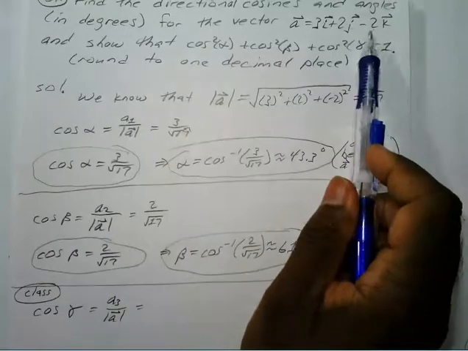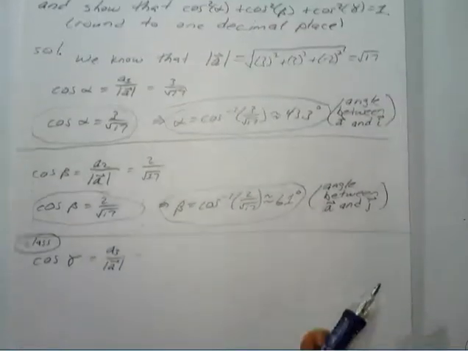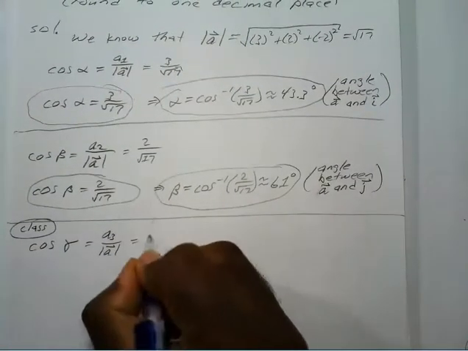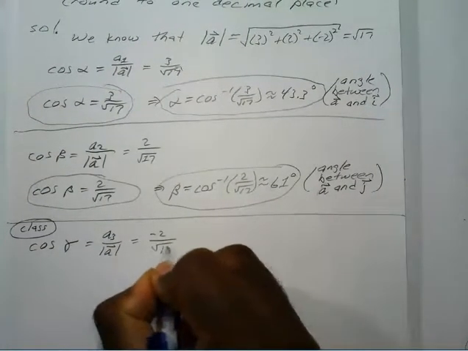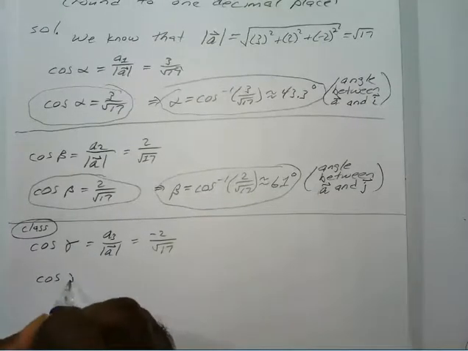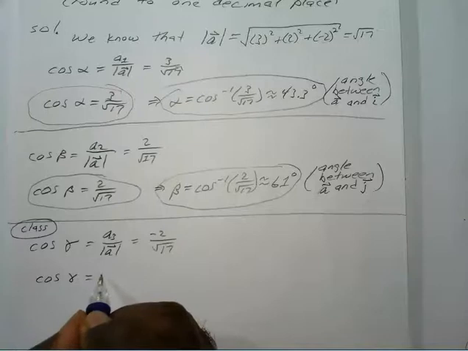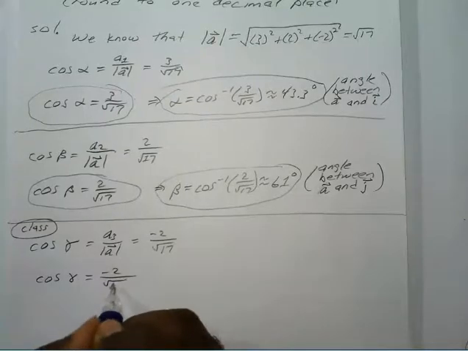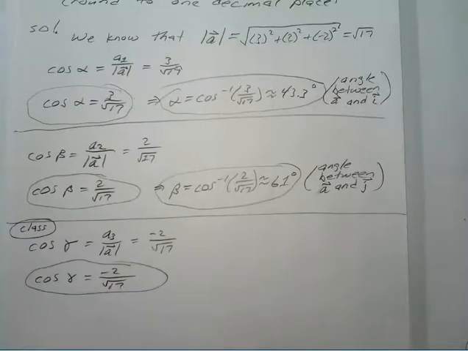Oh, move that down. There we go. -2 over square root of 17. Okay, so we know that cosine of gamma is equal to -2 over square root of 17. That's our directional cosine.